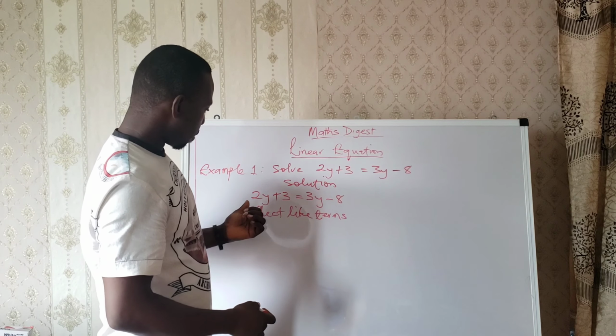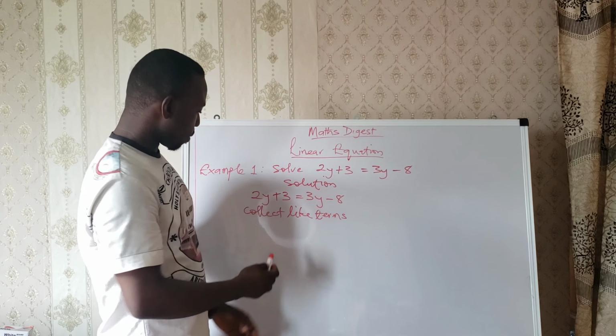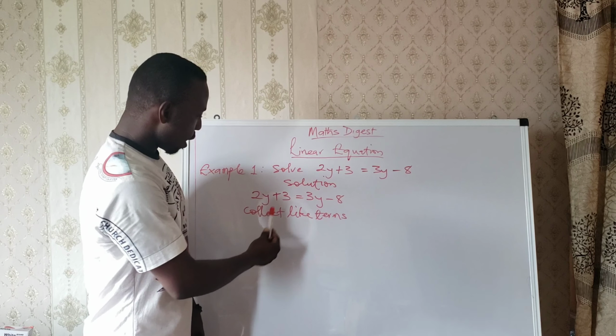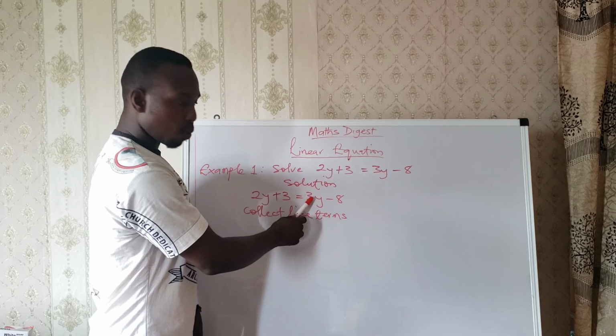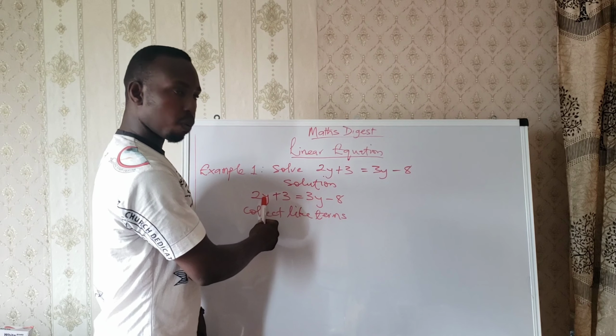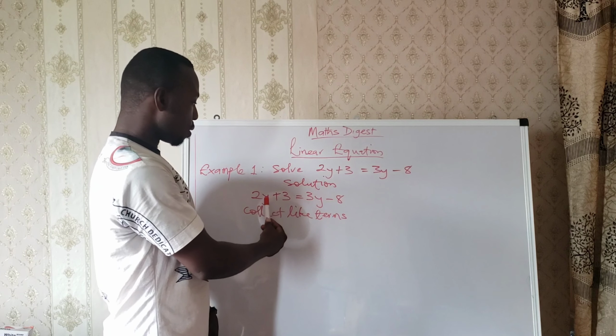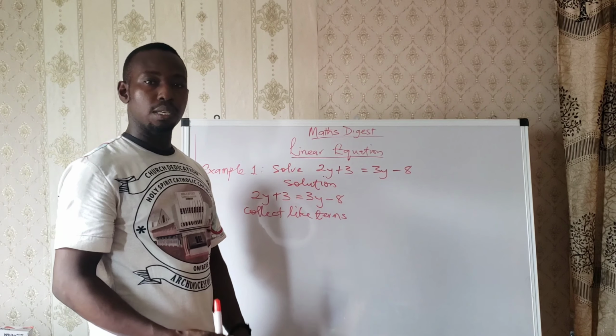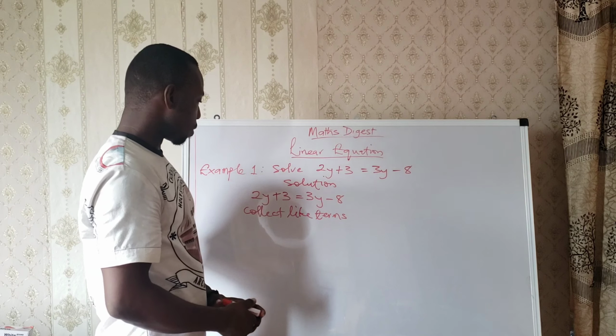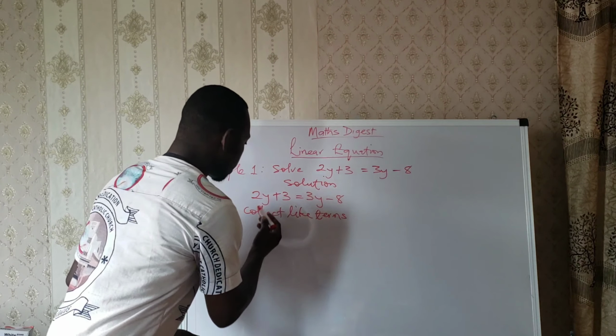If you look at this, we have 3y here, we have 2y here, we have plus 3 here, we have minus 8. So this 3y and 2y will come one side. So let's choose this left hand side for them. And this will go to the other side to meet the like. We already have 2y here.